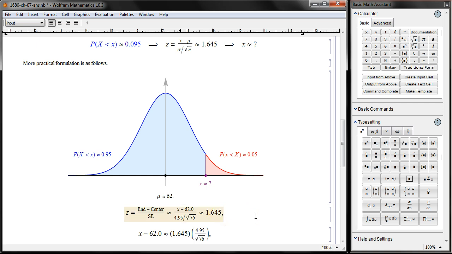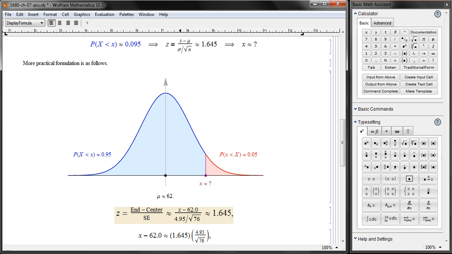End minus center, x minus 62 over SE, and SE is standard deviation over square root of n. This is formula number 1, and that's associated to the z-score of the 95th percentile, the 95% in this blue part, and that's going to be about 1.645.